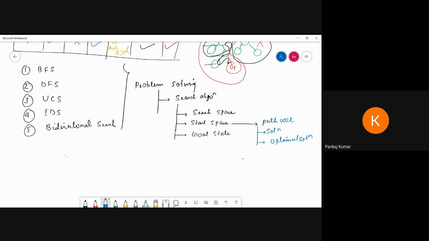In performance of the system, we are talking about these things: first completeness, optimality, time, and the last one, space. These are the performance analysis parameters.